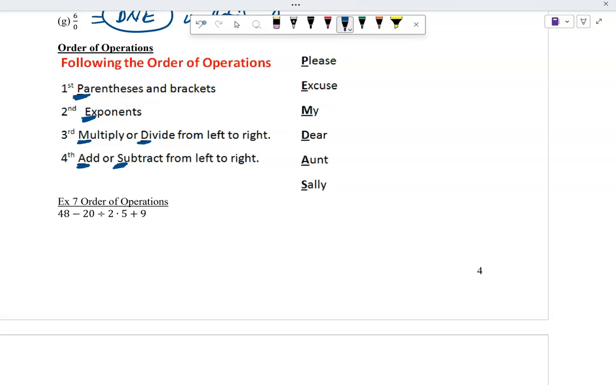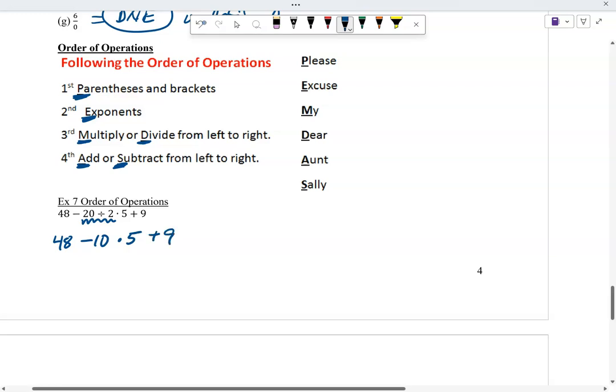So let's go ahead and do it with some simple order of operations. We don't have any exponents for the time being. Do I have any parentheses? I do not. Do I have any exponents in this example? I do not. How about multiplying or dividing? Oh, I do have some division, so I'm going to do this next. So 48, and then negative 20 divided by 2 is negative 10, times 5, plus 9.